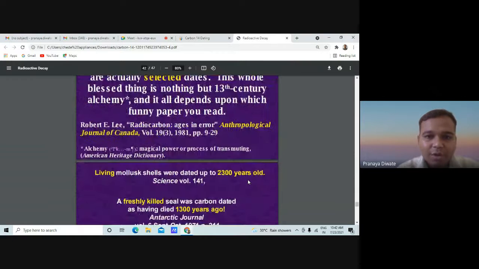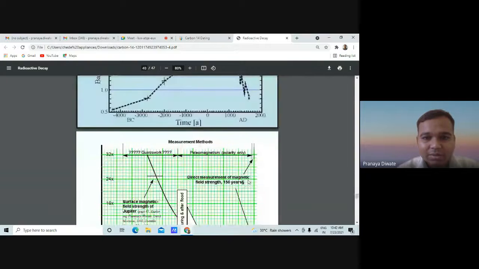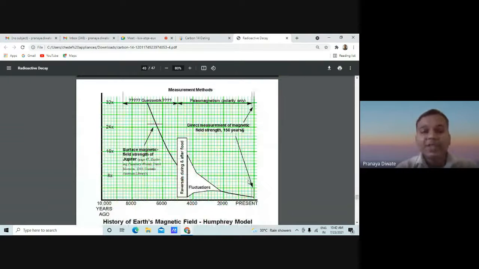Till now, whatever dating method you are using is based on the half-life of 5,730, about 5,700 years. This is the exact time in which C14 gets converted to nitrogen 14.